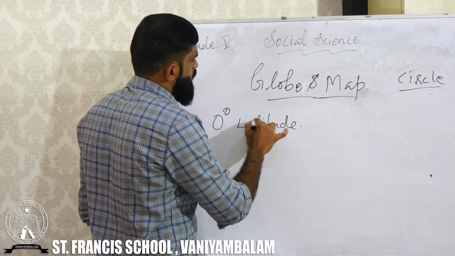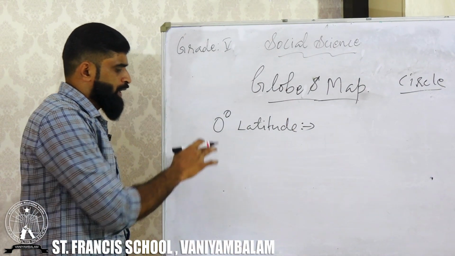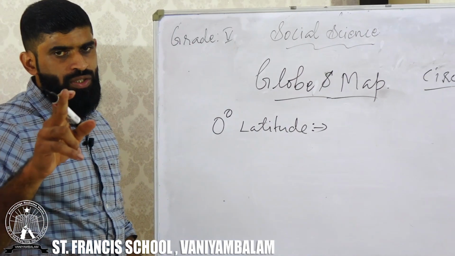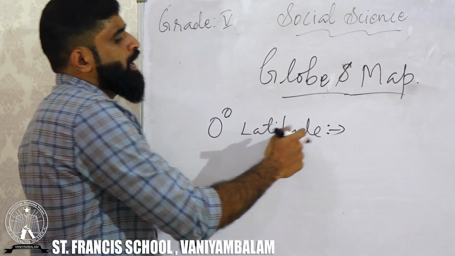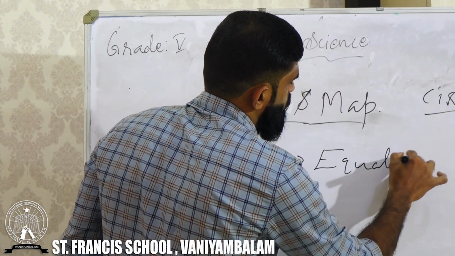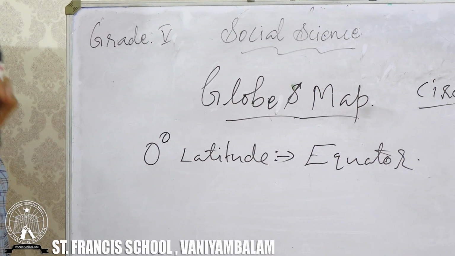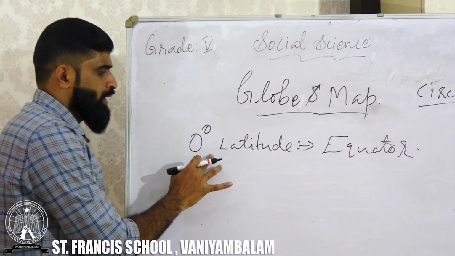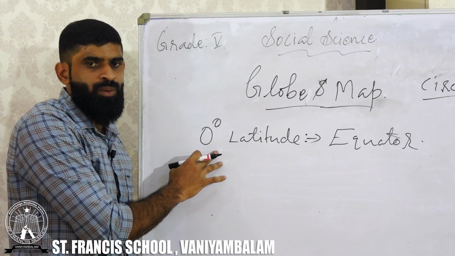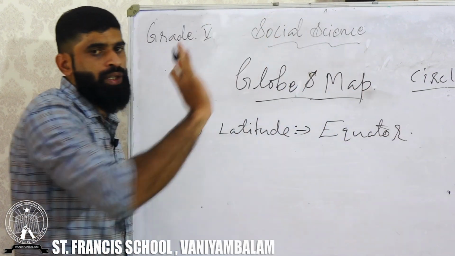The degree must be taken into consideration. 0 degree latitude is called the equator. So the first and foremost important latitude we have learned right now is the 0 degree latitude, called the equator.